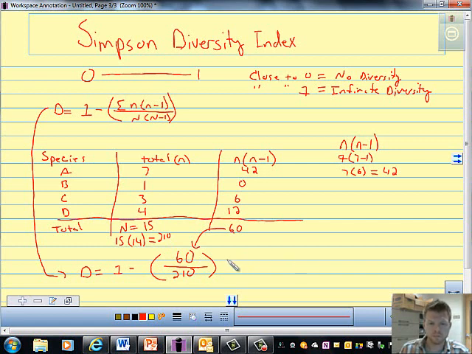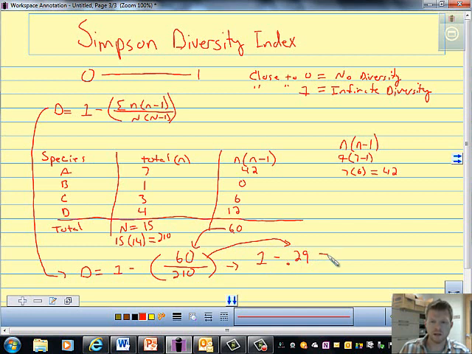Okay. So I'm going to divide this. 60 divided by 210 equals, so what I got is 0.2, I'll just round to the nearest hundredth, 0.29. So now I'm going to take 1 minus that answer.